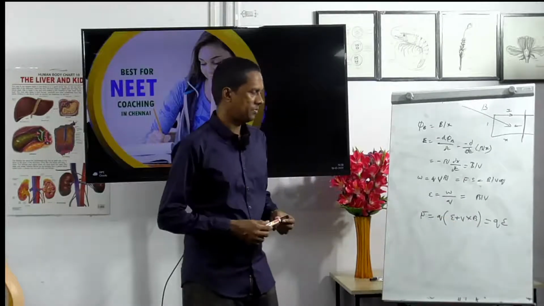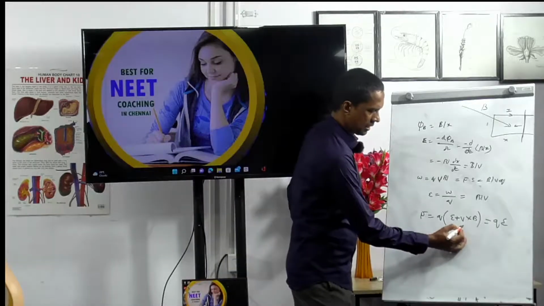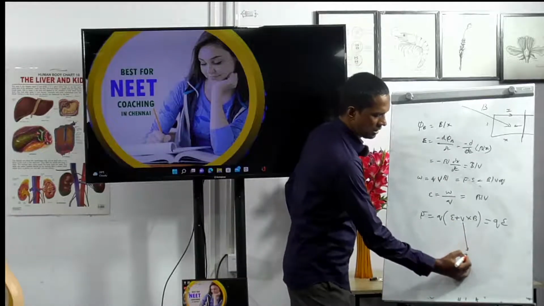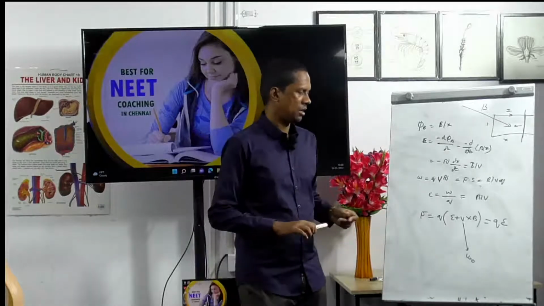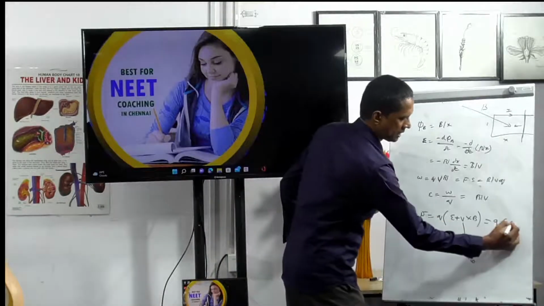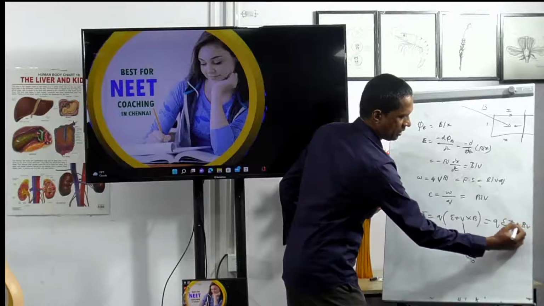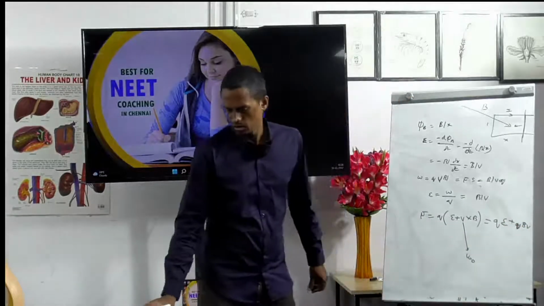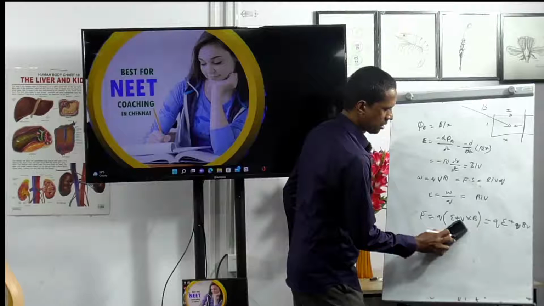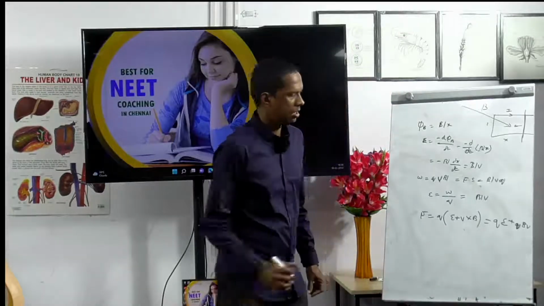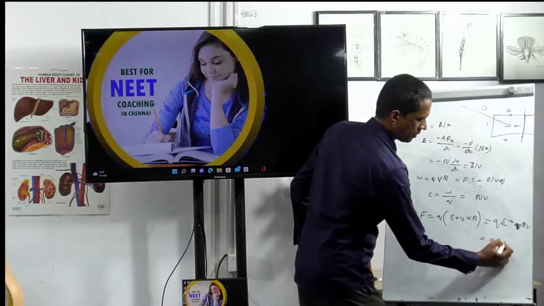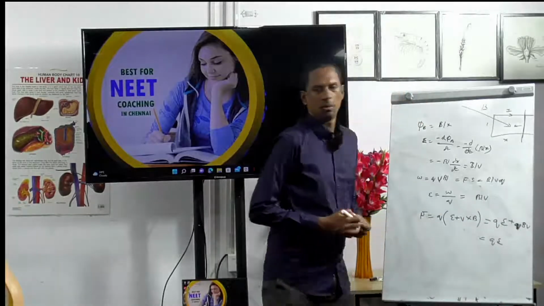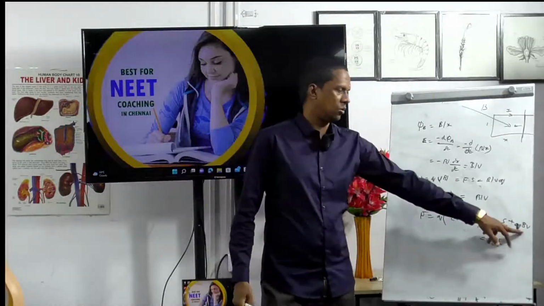If we assume velocity is 0, then what do we get? Q into E plus Q V cross B, but V is 0.